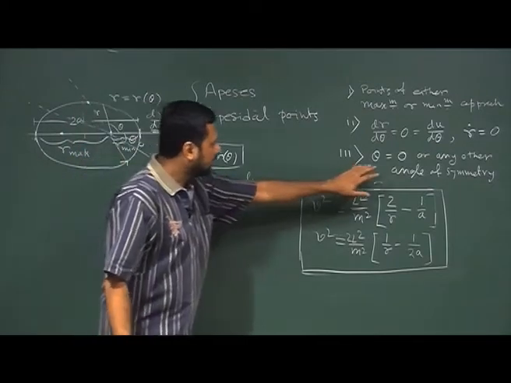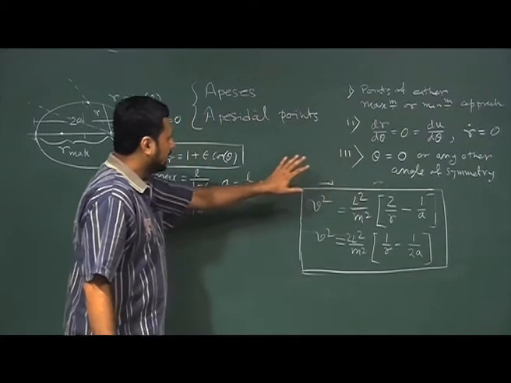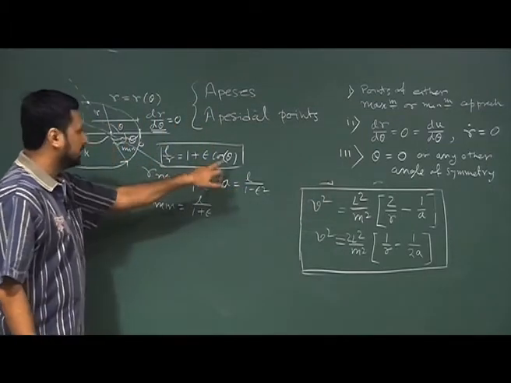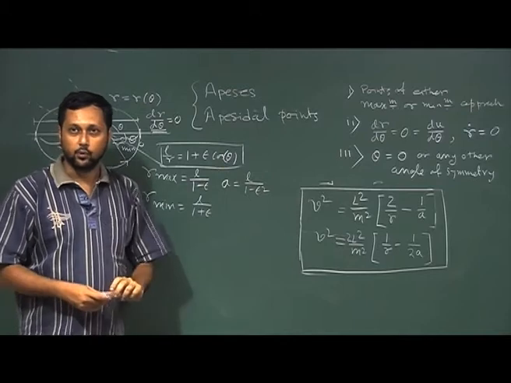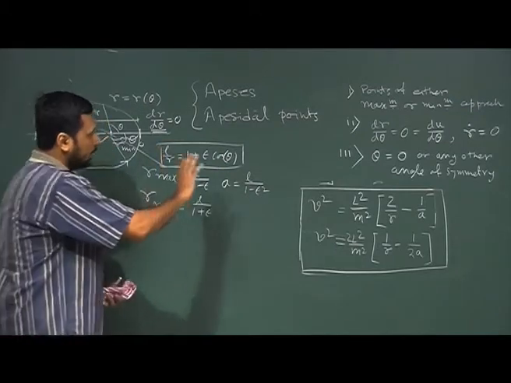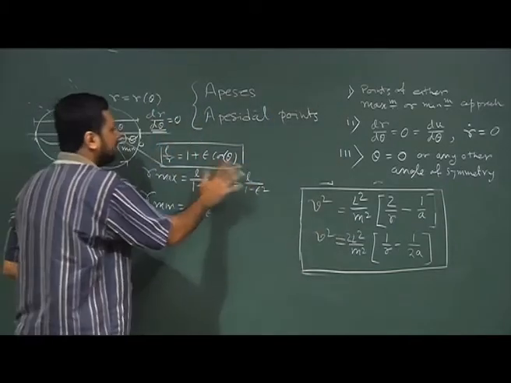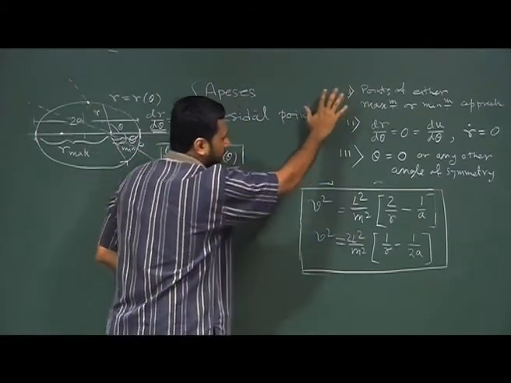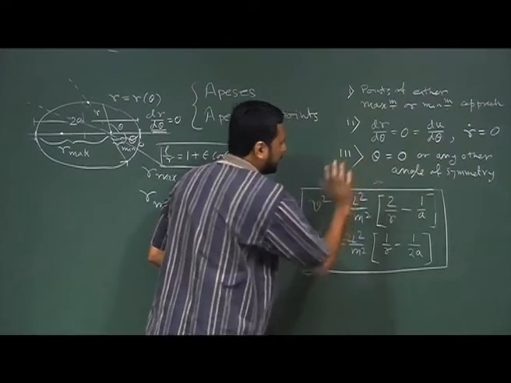Again, it is a choice we make by writing this equation in this particular form. This is not a rule, okay. But by using this relation, we can assume that for the choice we make, theta is equal to 0 for an apsidal point.